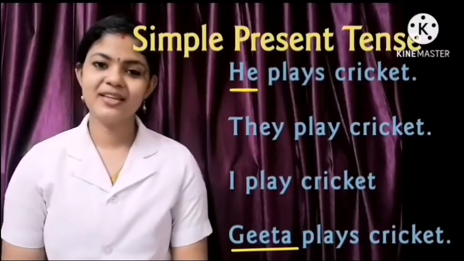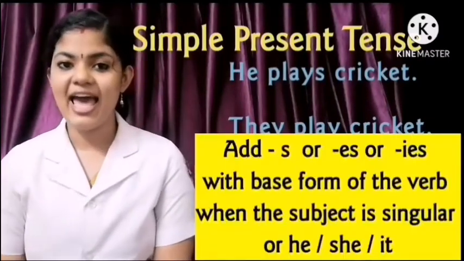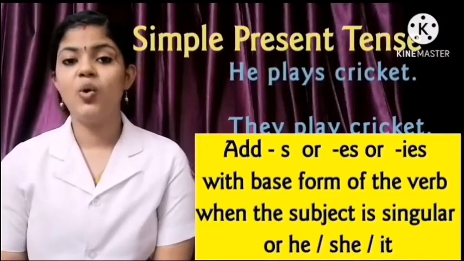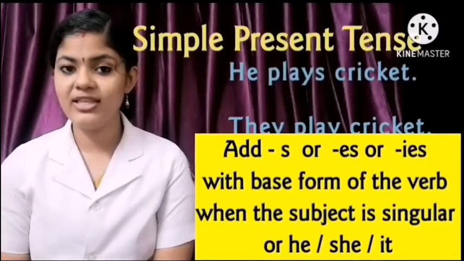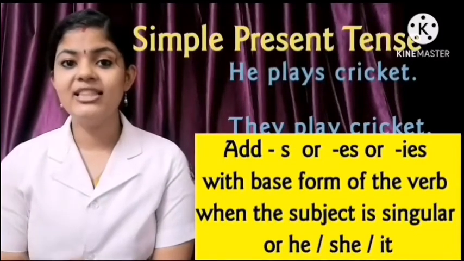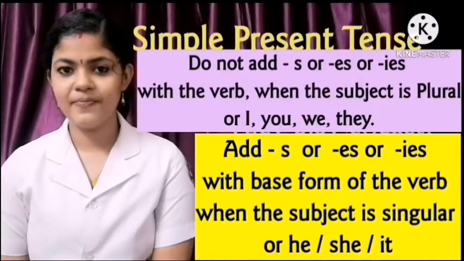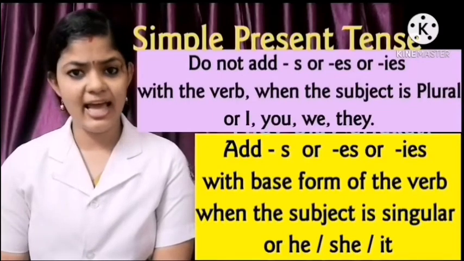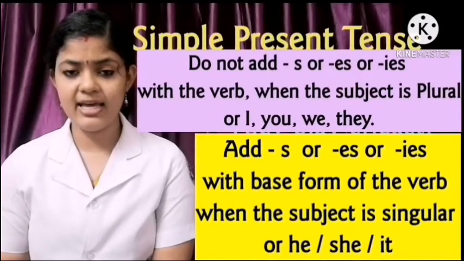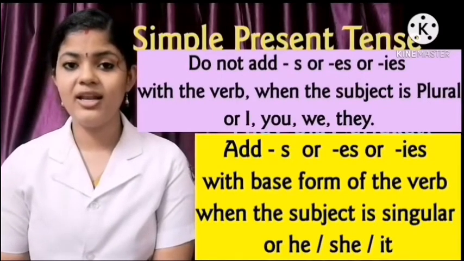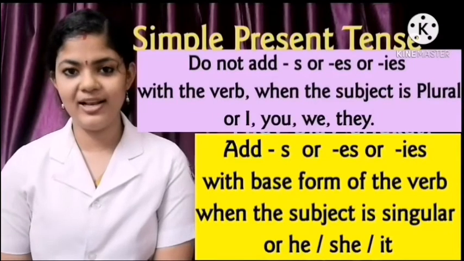See children, we add S, ES or IES to the verb when the subject is singular. We do not add S, ES or IES to the verb when the subject is plural.